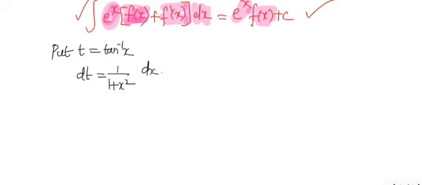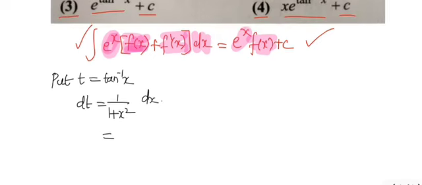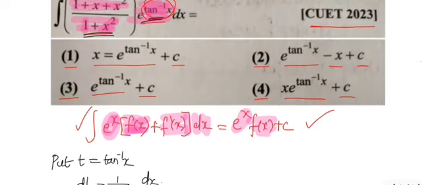Now we are going to rewrite our given question. If you observe in the question, 1 plus x square is there in the bottom along with the dx. So that has to be written as dt and this should be written as e power t. The other 1 plus x square will remain as it is.